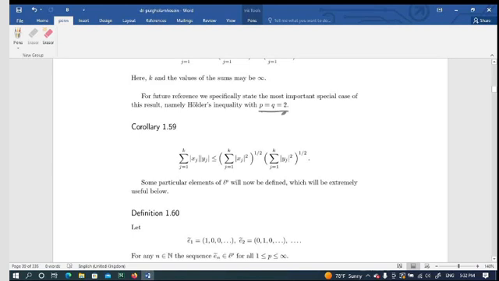So this is one inequality, a special case of Holder's inequality. It is also called the Cauchy inequality or Schwarz inequality, the Cauchy-Schwarz inequality. So this is also an important inequality.